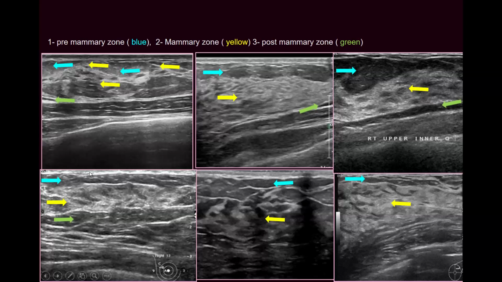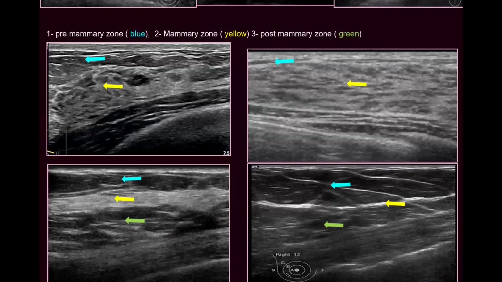You see, here we can see the three zones, obviously the pre-mammary, the mammary, and the post-mammary zone. But if we look at this image, we can see the subcutaneous or pre-mammary zone, and this is the mammary, but we could not appreciate the retromammary zone, with a very thin layer of pre-mammary fat and no post-mammary zone. The breast is fully occupied by fibroglandular parenchyma.